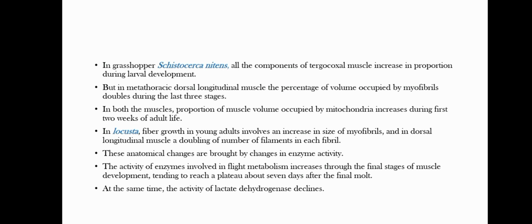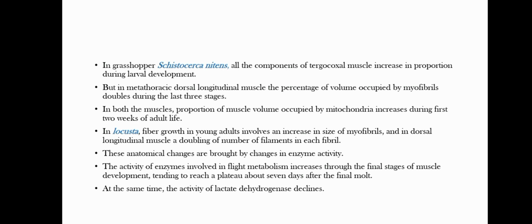In both cases, the proportion of muscle volume occupied by mitochondria increases during the first 2 weeks of adult life. In Locusta, fiber growth in young adults involves an increase in the size of myofibrils, and in the dorsal longitudinal muscles a doubling of the number of filaments is also found, similar to the grasshopper.